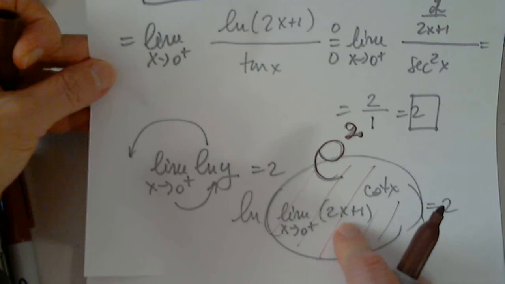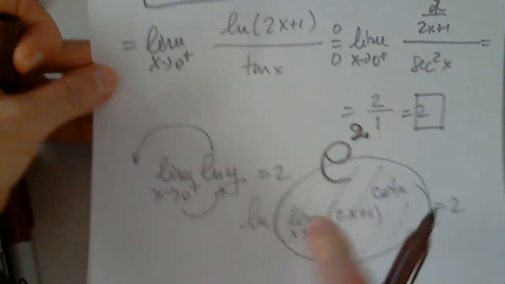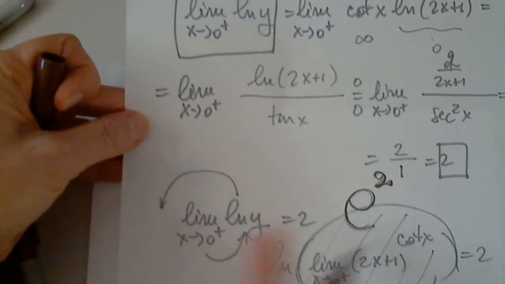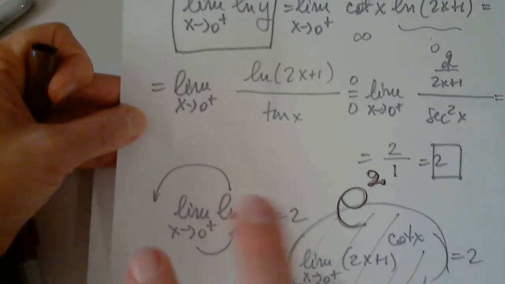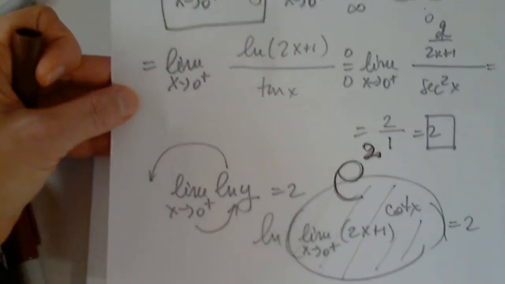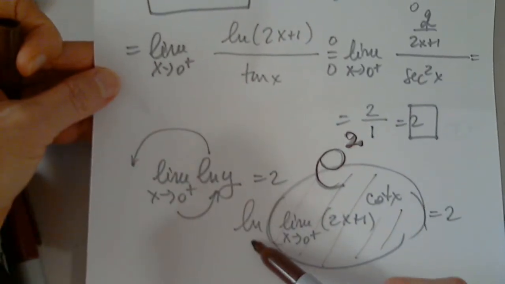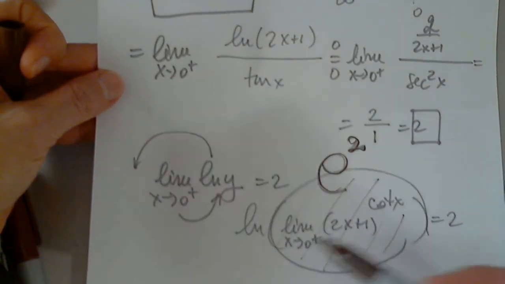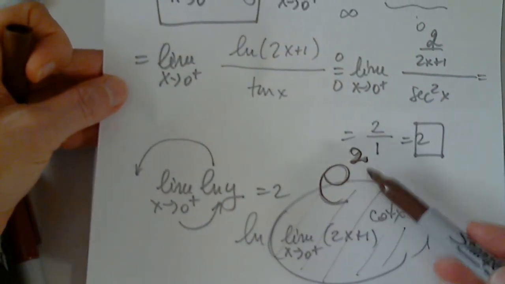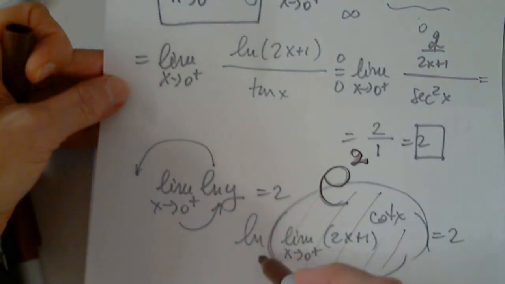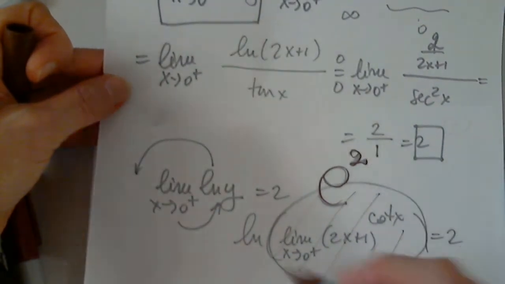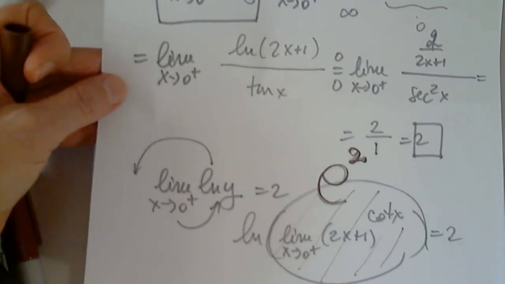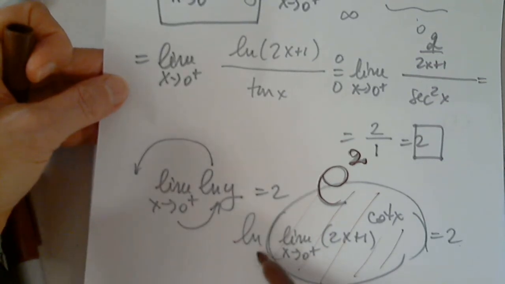It's not your limit. The limit of the natural log is 2, but this is not what we are looking for. That's why you have to swap the operators, and you write that the natural log of whatever is 2. This whatever must be e squared. Nothing else fits. The base raised to 2 equals this limit. But the base is e, we don't write it. E squared is this limit.